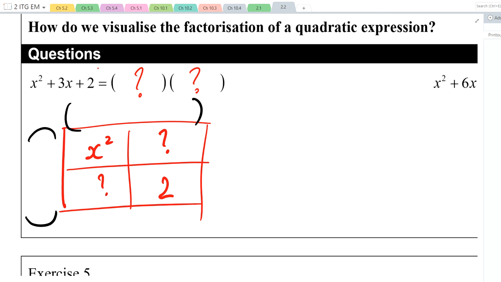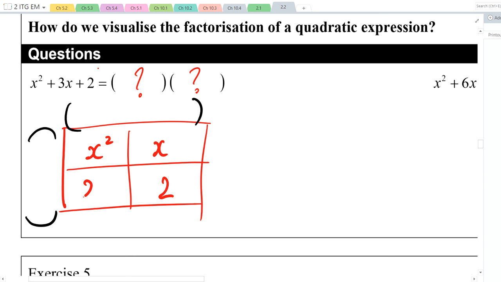I already have my x squared, I already have 2. So the remaining 2 boxes, when added up, must give me 3x. This is the part where we guess and check. What do you think will be in these 2 boxes? X and 3. We add them up, do you get x squared plus 3x plus 2?